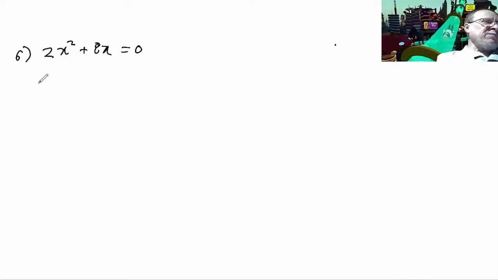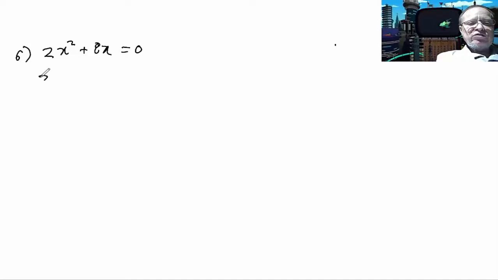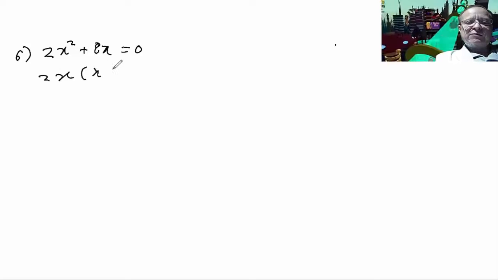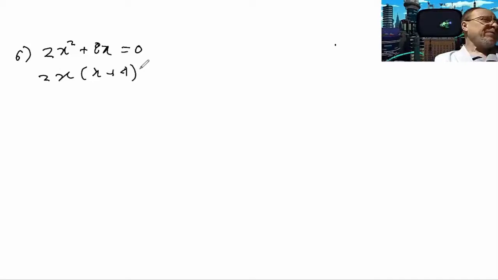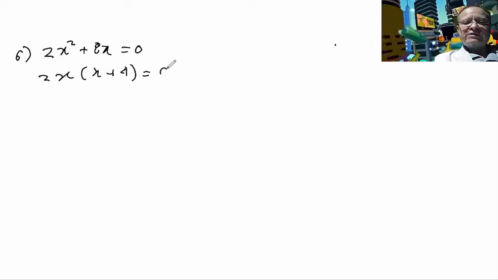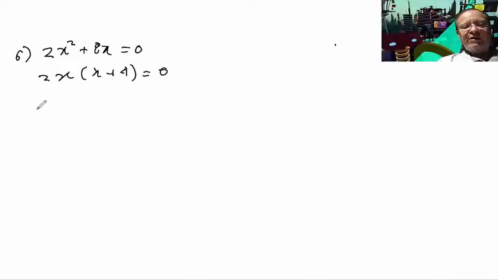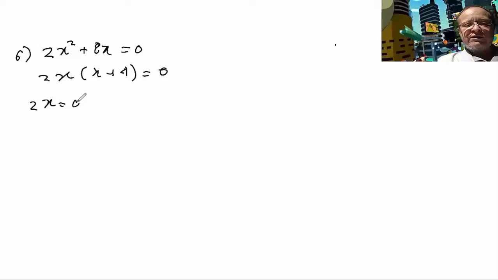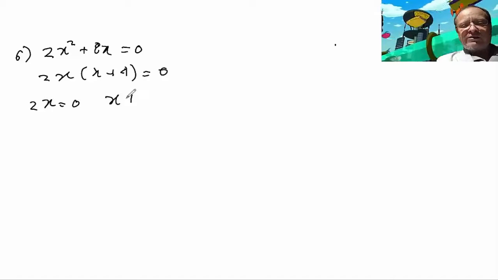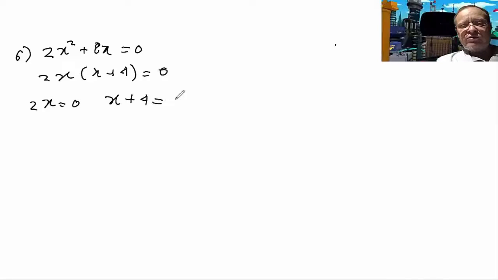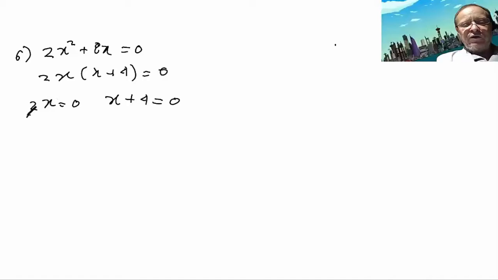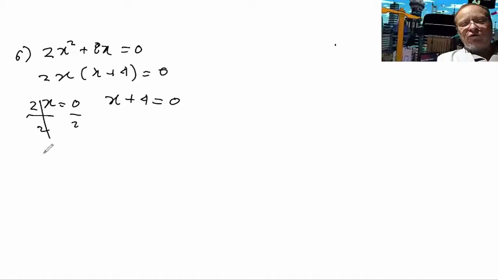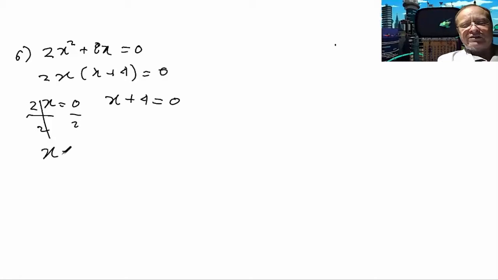So we end up getting 2x times x plus 4 is equal to 0. And indeed, we have two factors. We have 2x is equal to 0, and we have x plus 4 is equal to 0. Well, if we divide by 2 and divide by 2, of course, 0 over anything is just 0.